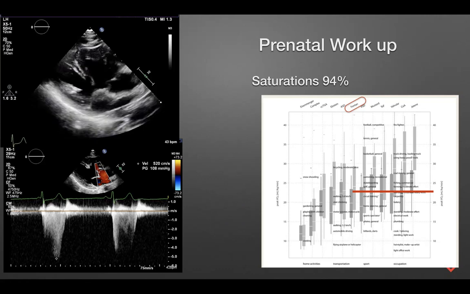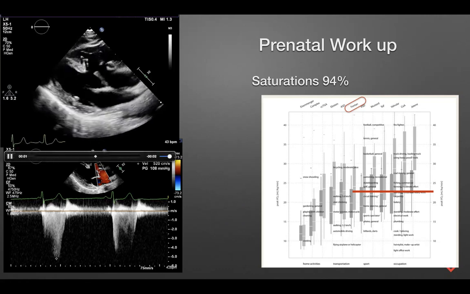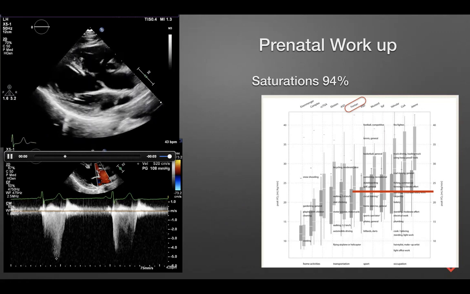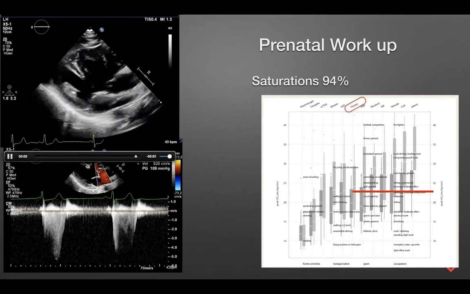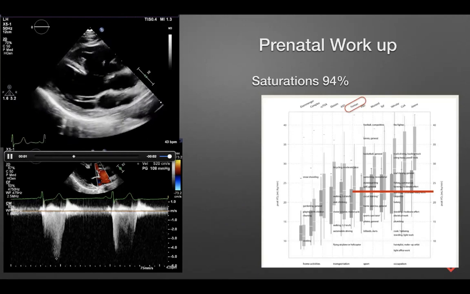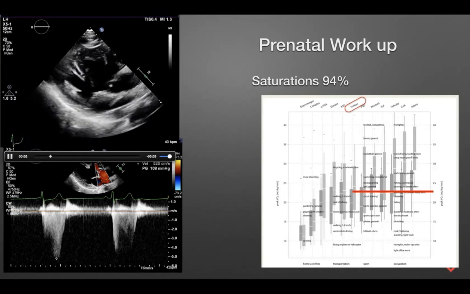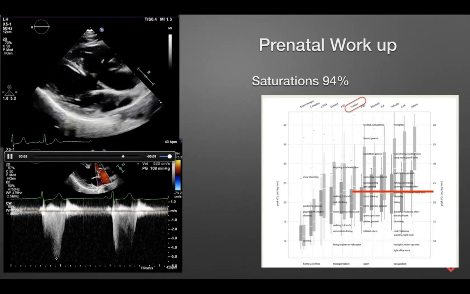Here is her echocardiogram, and here's her ventricle, here's her LV, here's her RV, here's the big VSD, and here's your two AV valves. You can either look at contractility of each ventricle by itself or cumulative to help you understand what the ventricular function is. But this is greater than 40% and good.